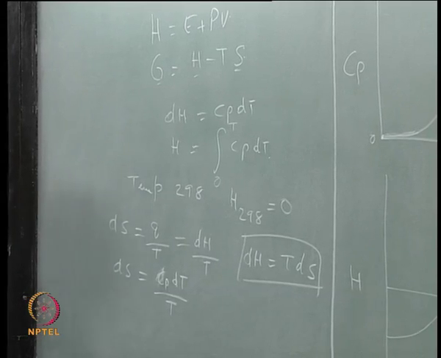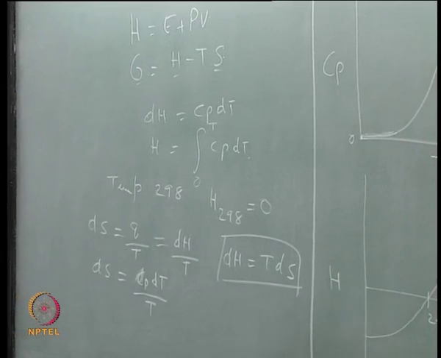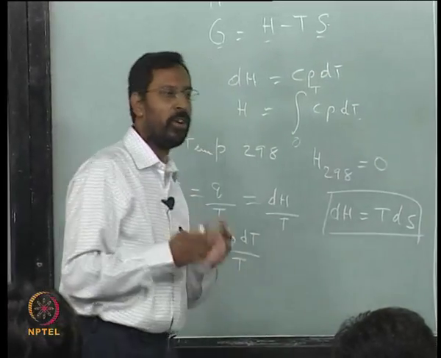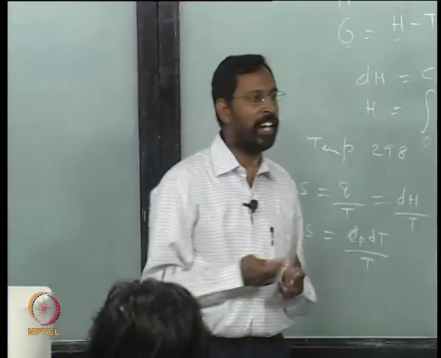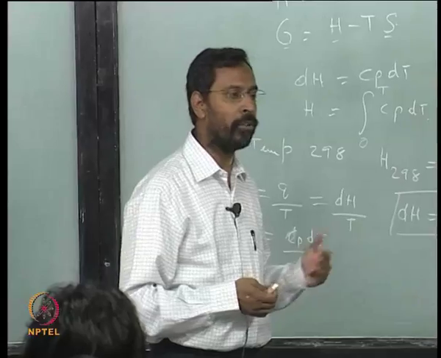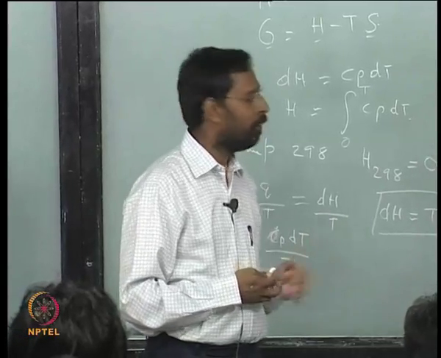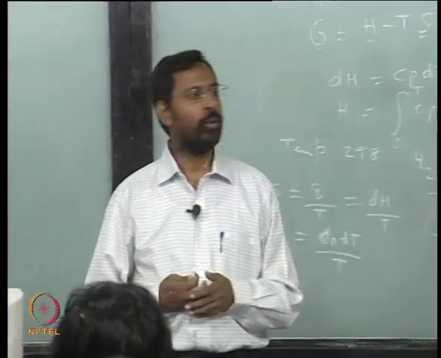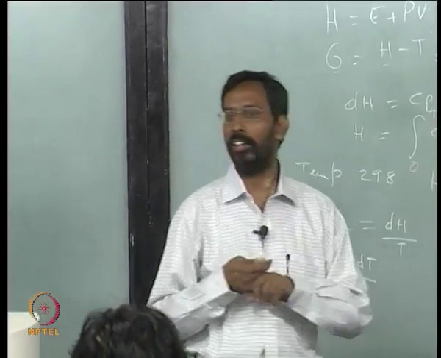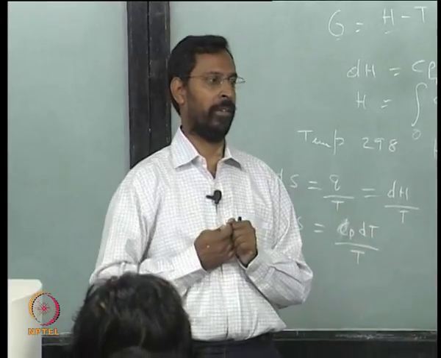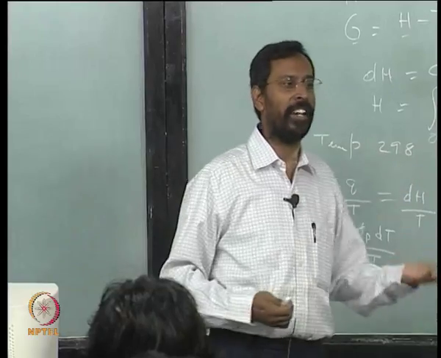Yeah. Sir, why don't we take H at 0 as 0? You can always, because 0 is an ideal term which you rarely reach, and if somebody has to experimentally measure anything... Most of us who deal with chemical engineering, metallurgical engineering or materials science deal with room temperature, so we start at room temperature.